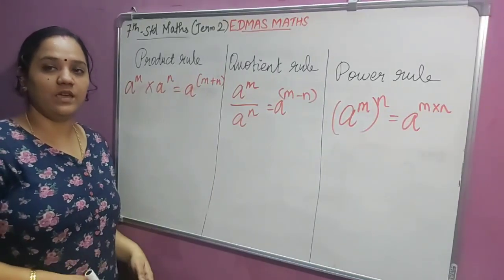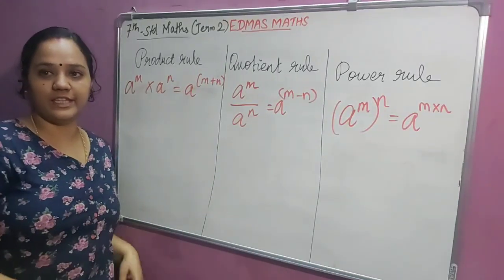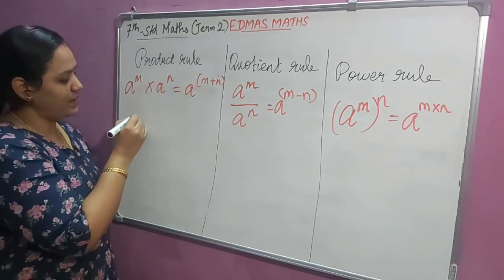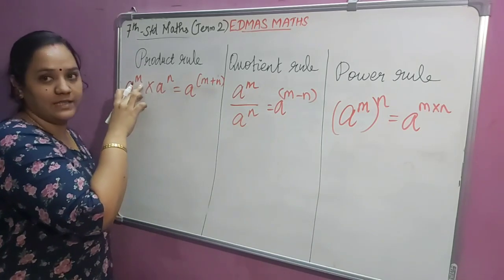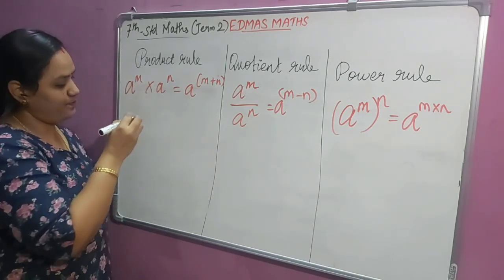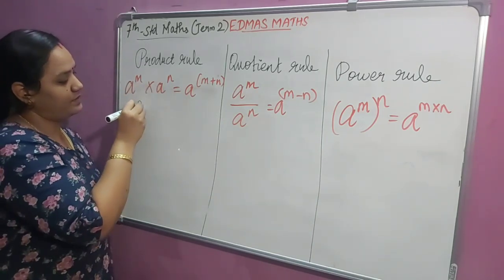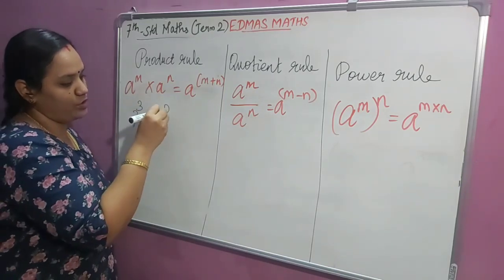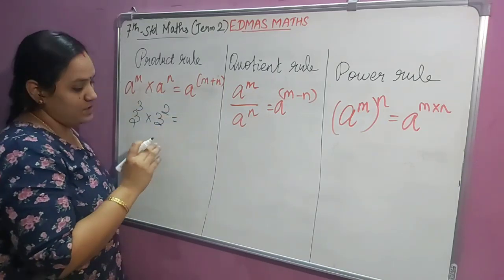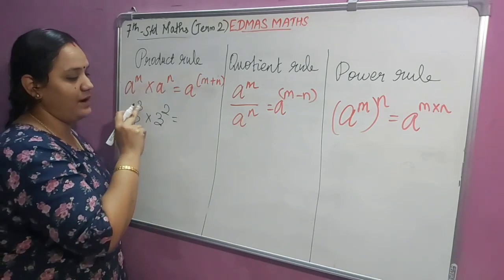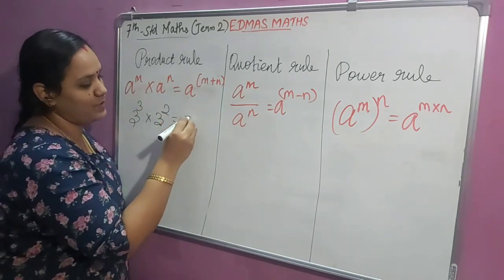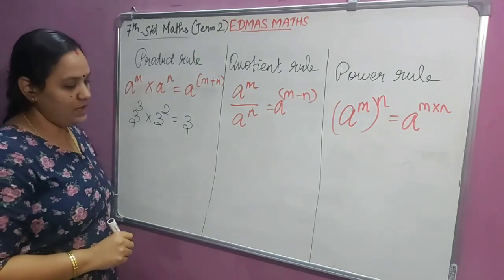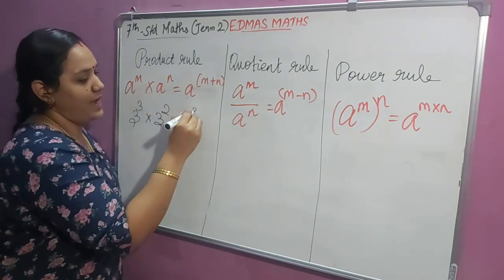Now we are going to see one example for each rule. So now I am taking m as 3 and n as 2. So 3 power 3 into 3 power 2. See here the bases are same and the powers are different. So if the bases are same, we can write 3 commonly and we have to add.